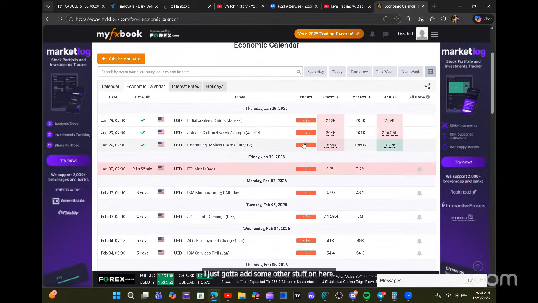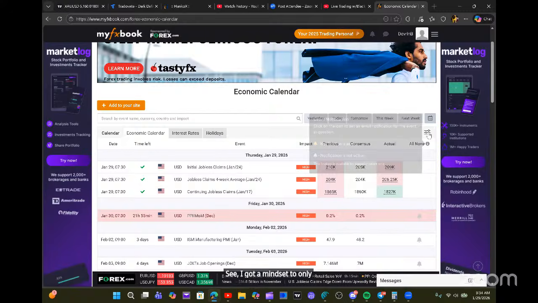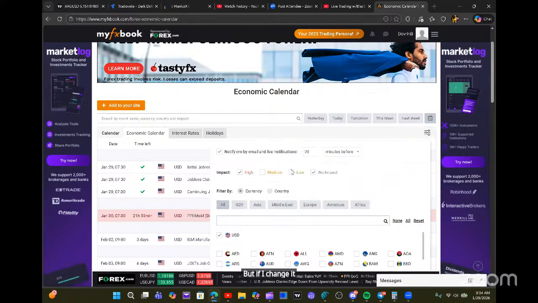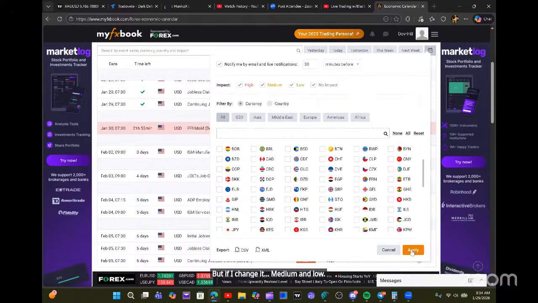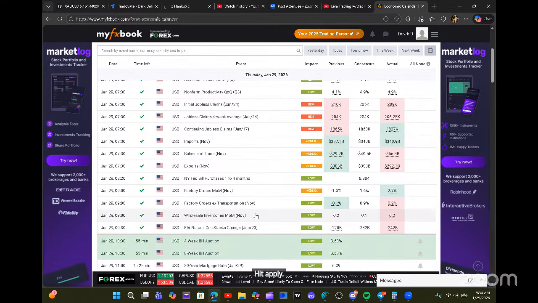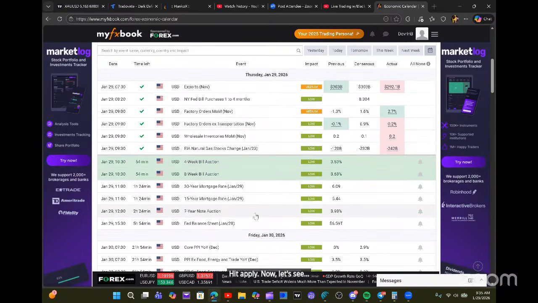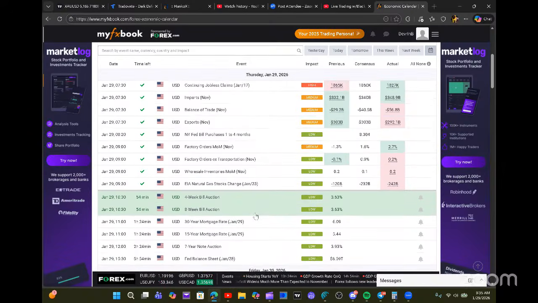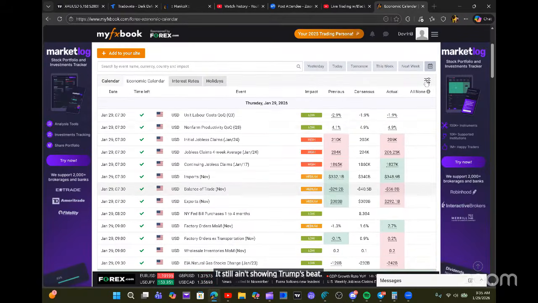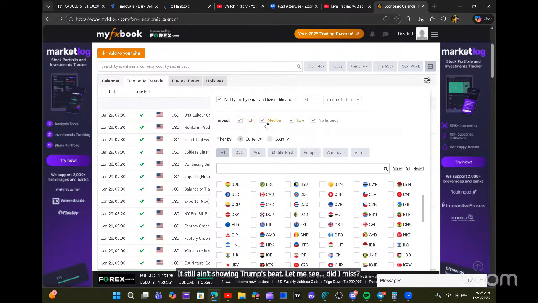See, I got mine set to only high impact folders. But if I change it to medium and low, hit apply. Now let's see. It still ain't showing Trump speak. Did I miss it? Yeah, I got all of these boxes ticked.